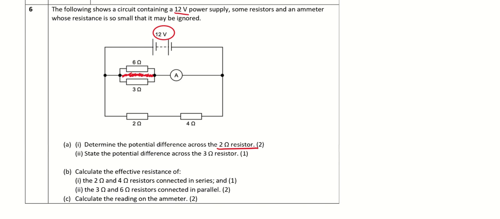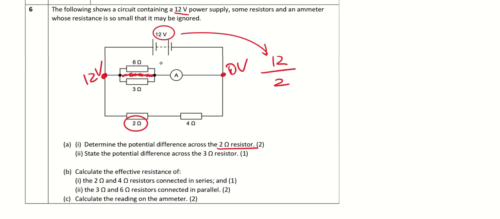A lot of you will just take 12 volts over here and divide by 2. A lot of you will actually do that, and this is the most common mistake. This 12 volts is from here, 12 potential, here 0 volts, meaning here is also 12 volts, and here is also 0 volts.